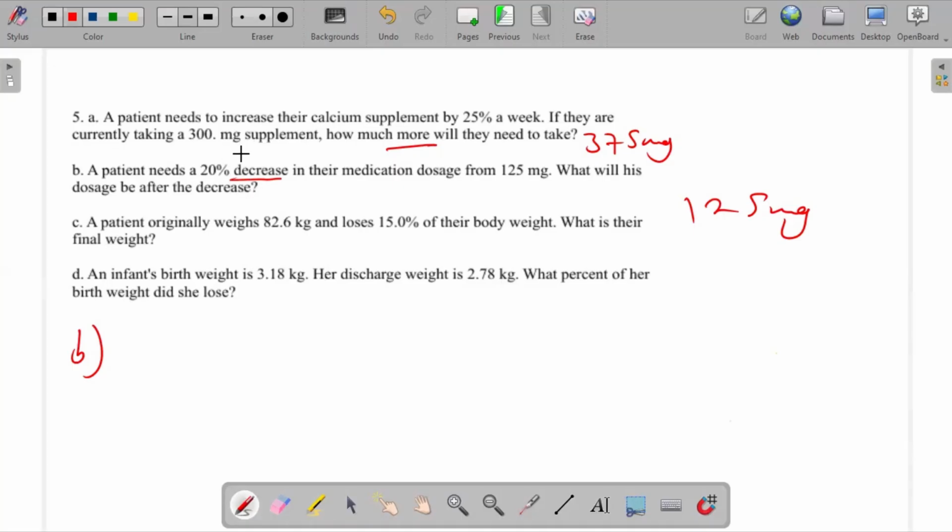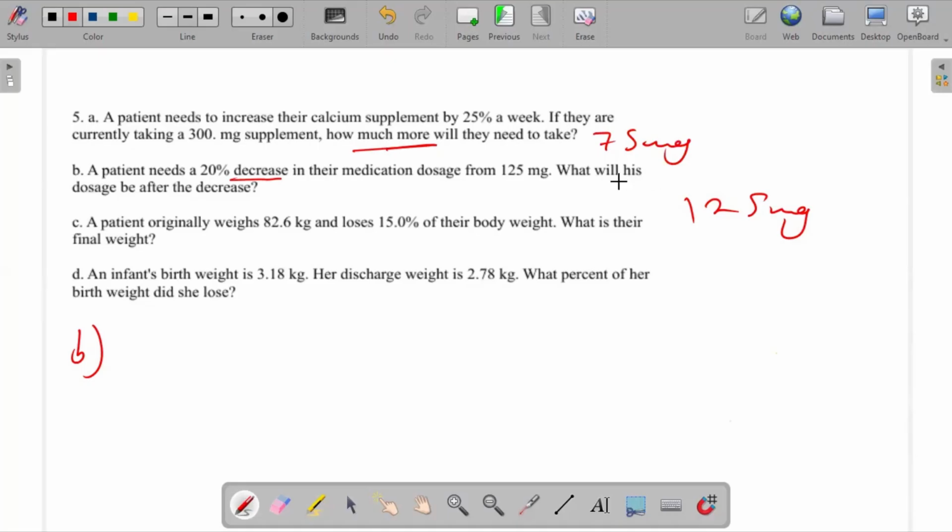Currently we are taking 300, right? So how much more are you supposed to take? It's 75. Good. Thank you for that correction. So the answer here should be 75 milligrams, isn't it?